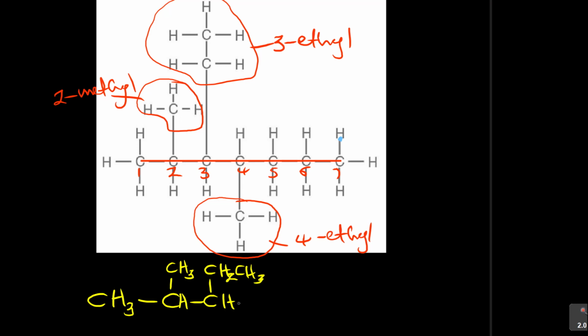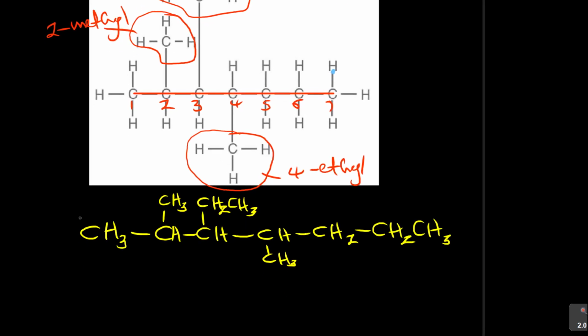See that? And then I've got CH going down, it's CH3, and then I've got CH2, CH2, CH3. If I look at the number of carbons just to maintain here, it's carbon number 1, carbon number 2, 3, carbon number 4, 5, 6, 7.